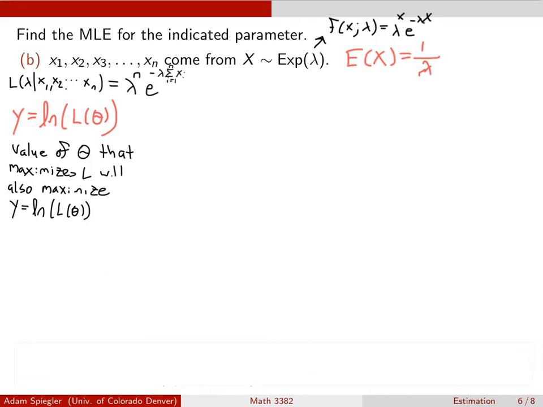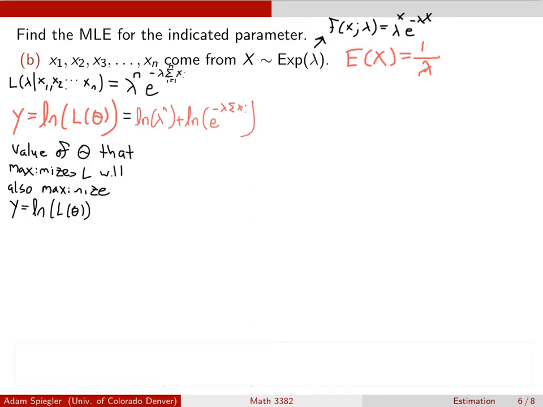Okay, so why is it nicer to take the derivative of the natural log of this? Well, in this case, if we take the natural log of that function, we would get the natural log of lambda to the n plus the natural log of e to the minus lambda times the sum of our xi's.